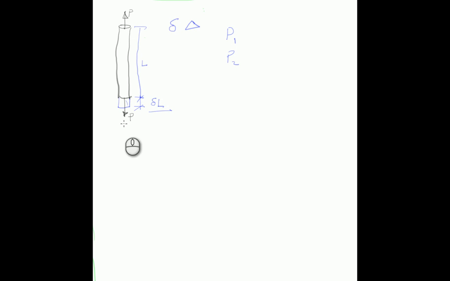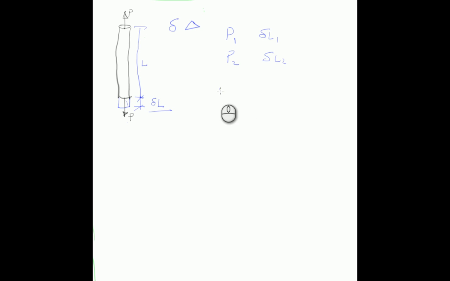So under a load P1, we will get a deflection delta L1, and then under this different load P2, we will get delta L2. That is the convention that we're going to use when we're looking at this problem here.